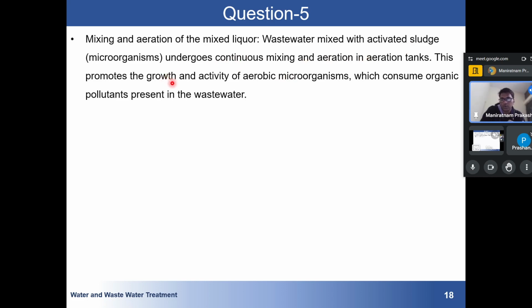This promotes the growth and activity of aerobic microorganisms which consume organic pollutants present in the wastewater. My main aim is to decompose the organic matter, so I am mixing it properly and also giving some aeration so that oxygen can be present there. This is aerobic microorganisms I am talking about.